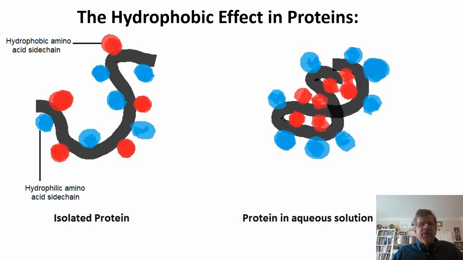This is called the hydrophobic effect in proteins. If we look at the structure on the left-hand side, we can follow this primary structure, if you will, of this protein, this meandering of the peptide backbone, and within these amino acids we have different side chains.